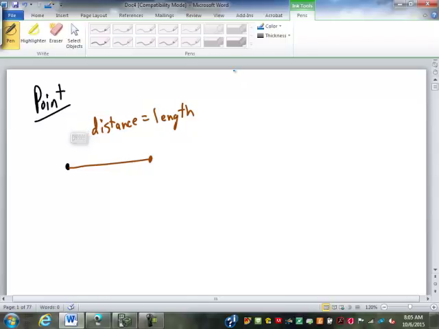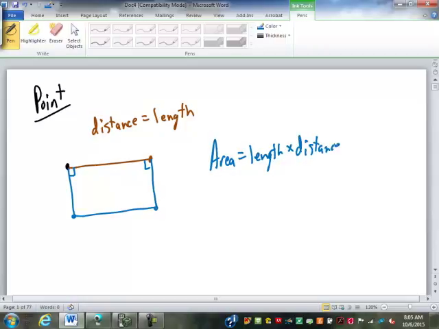And then we took that line segment and we pulled it in a second direction, perpendicular to that first direction. In fact, we noticed that it didn't have to be perpendicular, but for what we did, it was perpendicular and formed a rectangle. And the area was defined by that original length times the new distance that it moved.